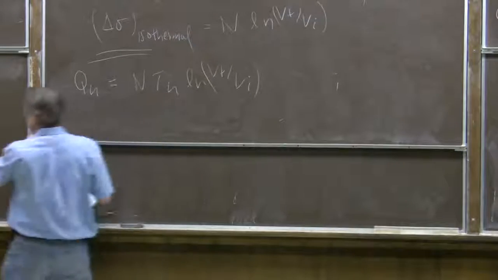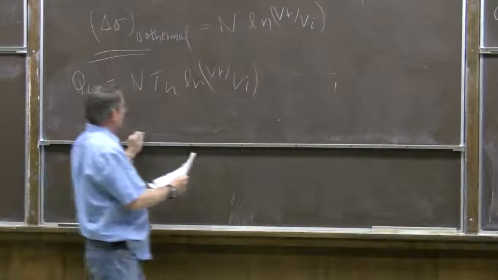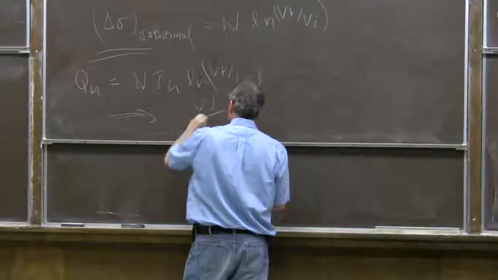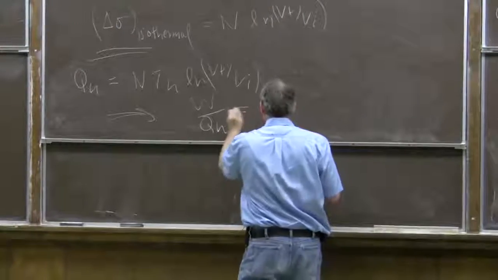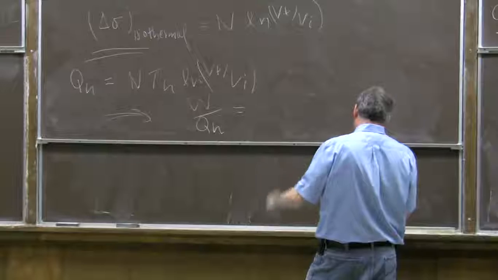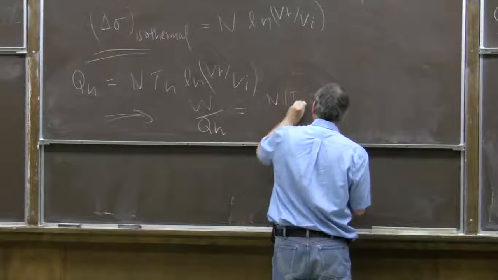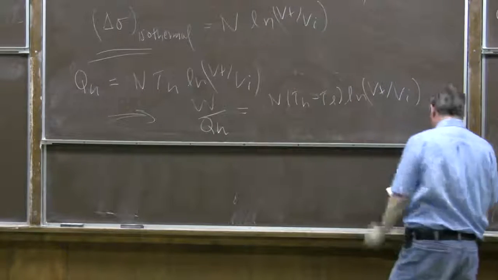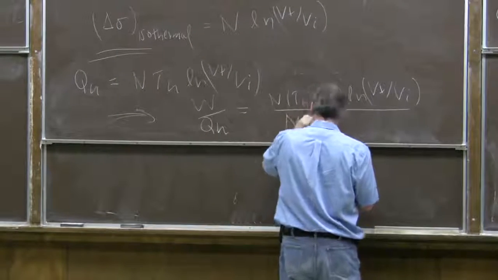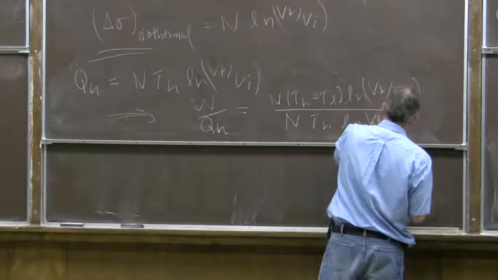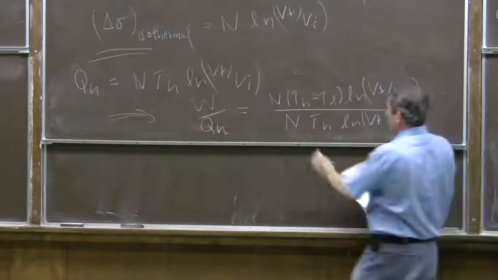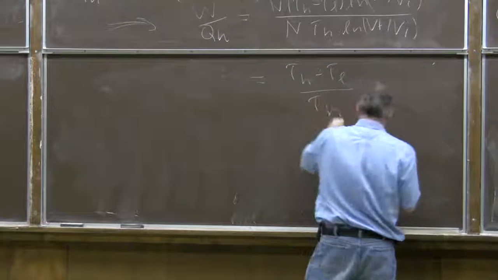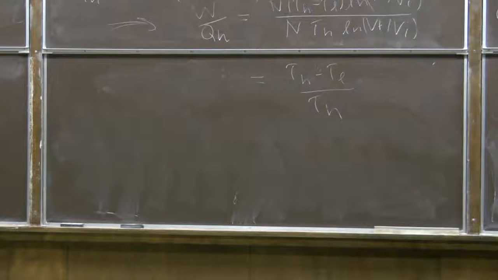So the net work, which I guess I wrote down over here, the useful work produced when we take in an amount of heat QH is tau h minus tau L times the log of the volume ratio divided by n tau h, the log of the volume ratio, which of course is tau h minus tau L over tau h, as we knew it would be because we're considering an ideal heat engine that operates reversibly.